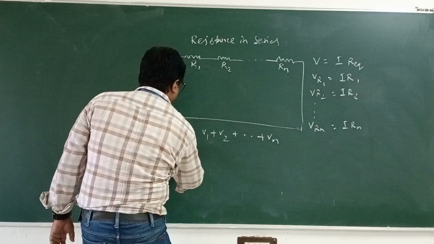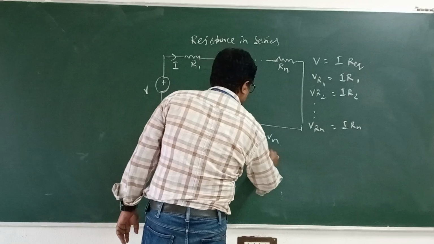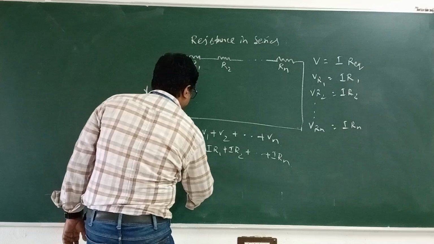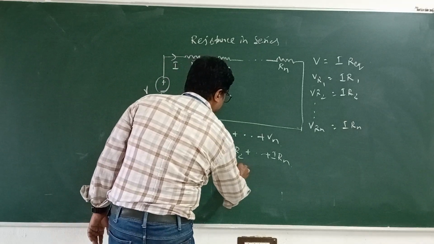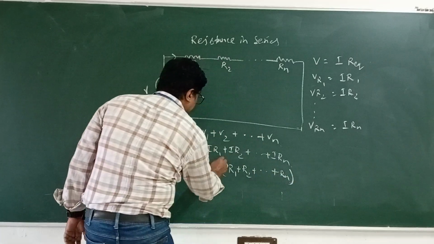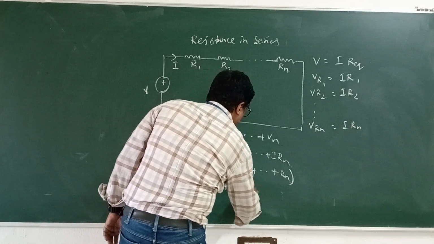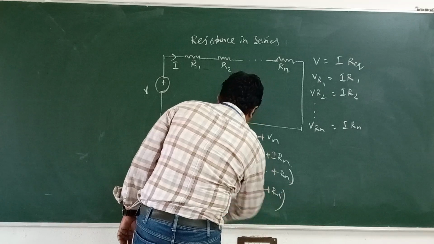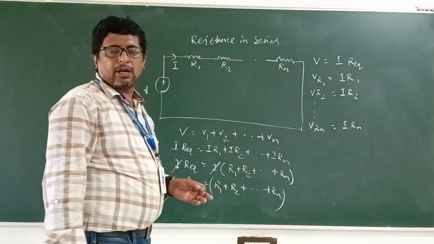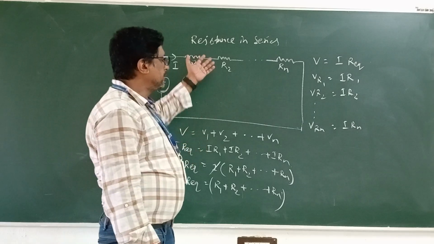So I R equivalent equals I R1 plus I R2 and so on. Taking I common, it cancels on both sides, and R equivalent equals R1 plus R2 plus up to Rn. So whenever resistances are connected in series, the total resistance is the summation of all the resistances across that series path.